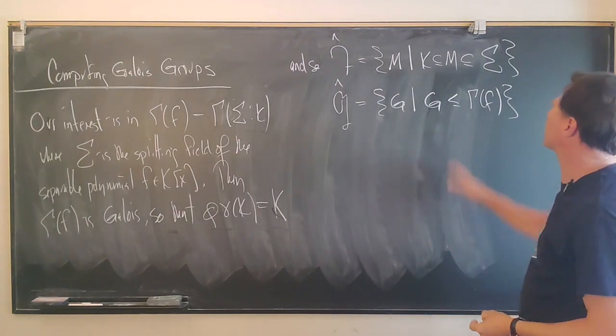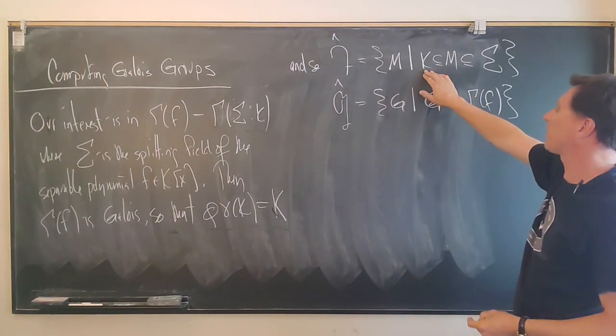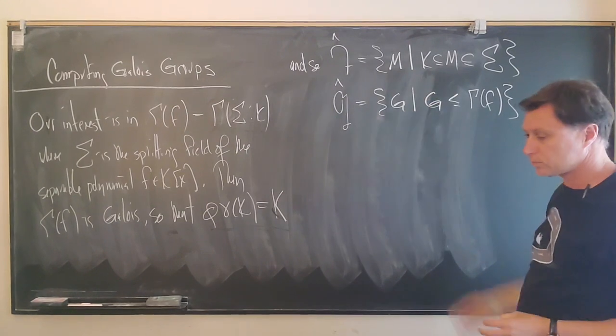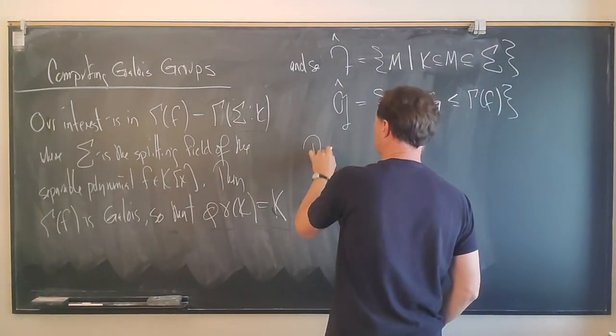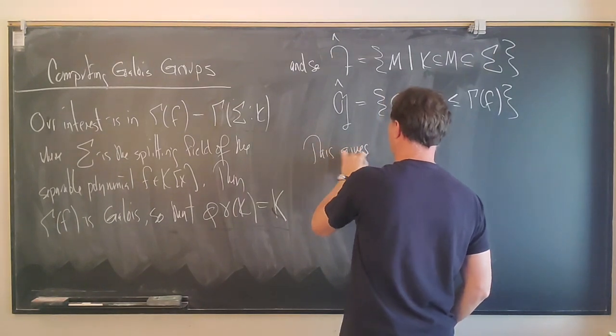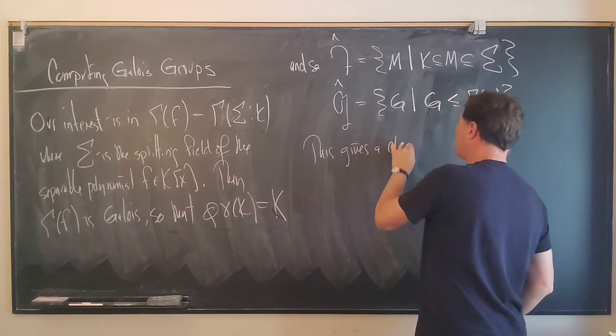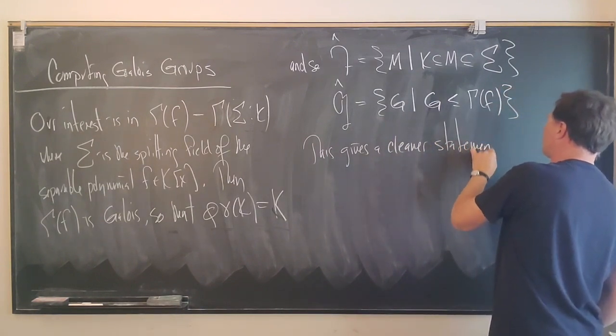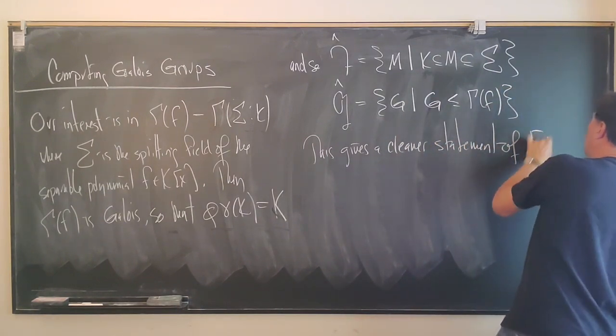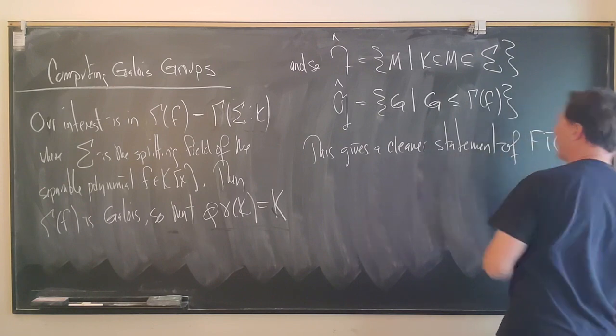So it especially makes life easier right here. Instead of having a phi gamma of k, we just get k. So this gives a cleaner statement of the fundamental theorem of Galois theory.